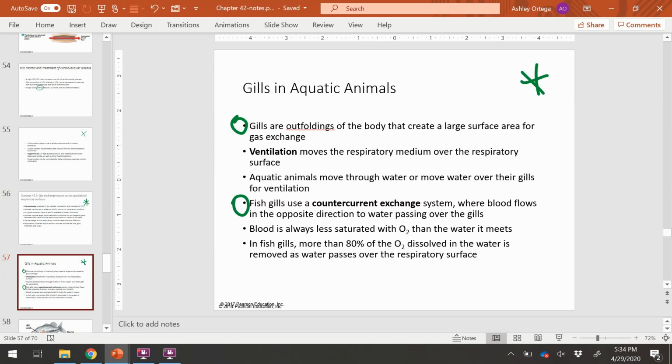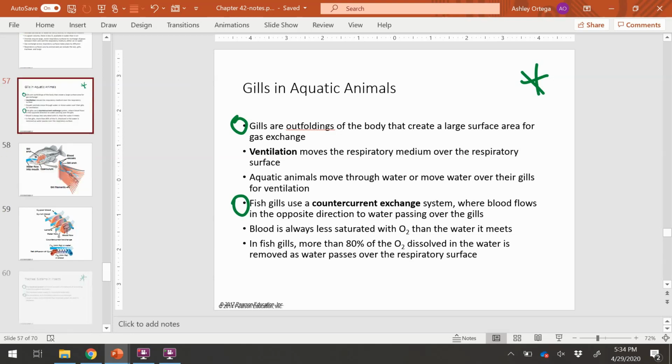As we've seen already, water has much less oxygen content per volume, and so maximizing the amount of oxygen that is in the water is what the fish want to do. And so in fish gills, more than 80% of the oxygen dissolved in the water is removed, and that is a very efficient number.